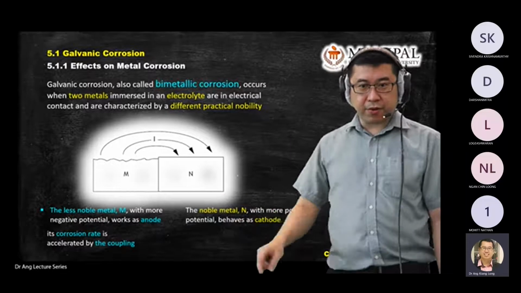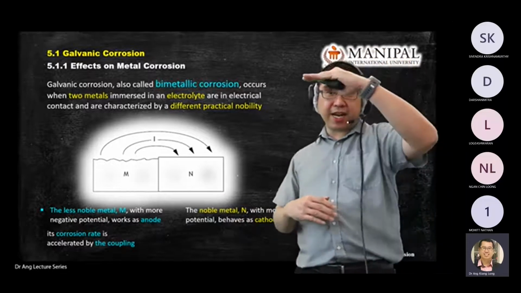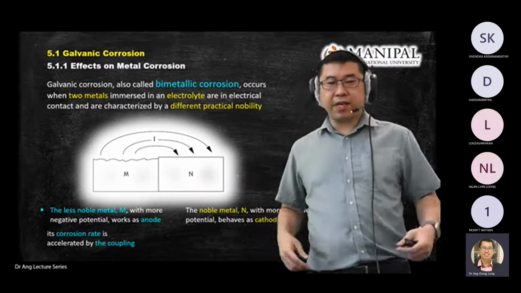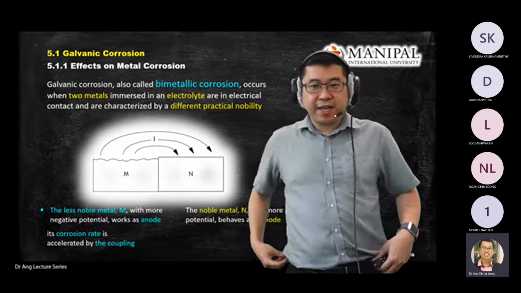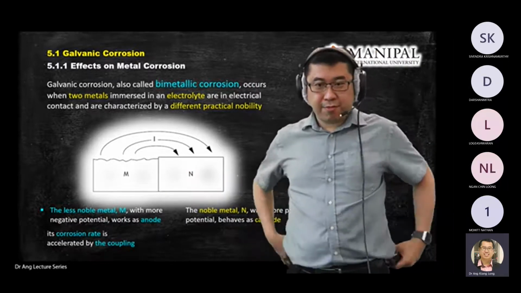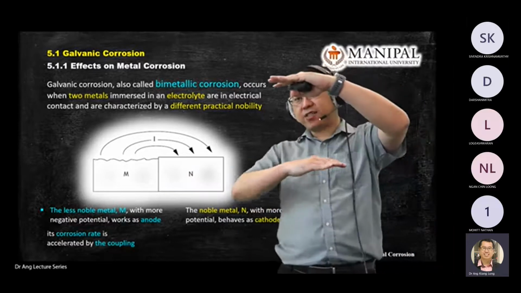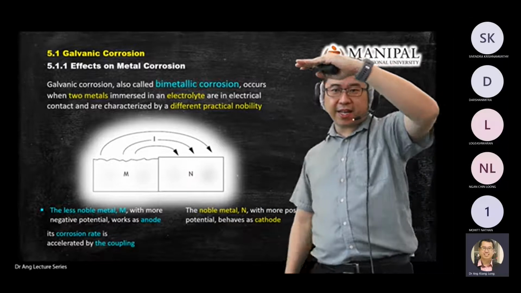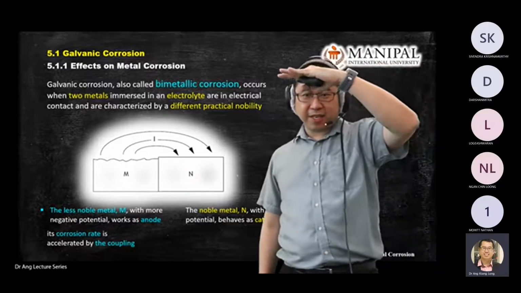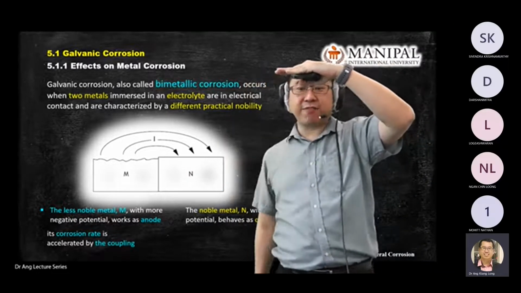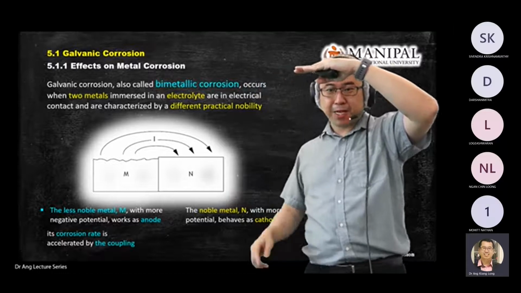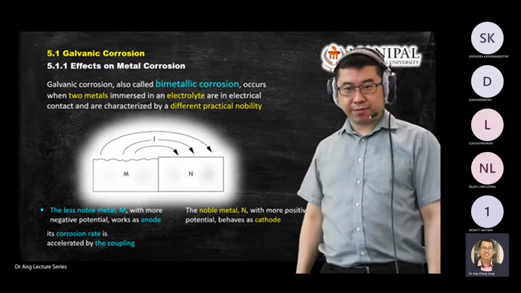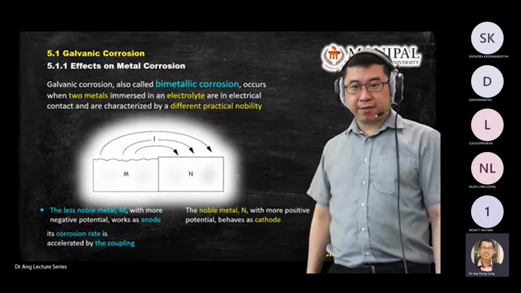Next, the other metal at a high level, we label as N. Just memorize it as N stands for noble. The one at the top is the one that receives electrons, and we call it the cathode.